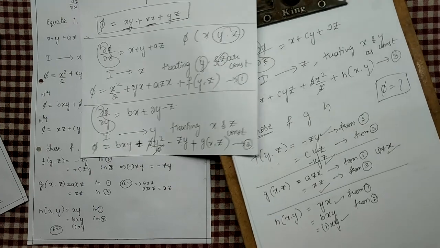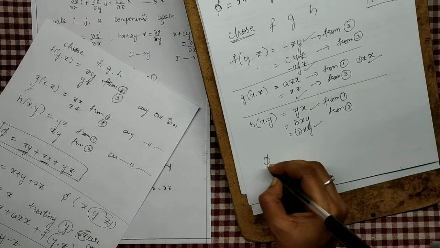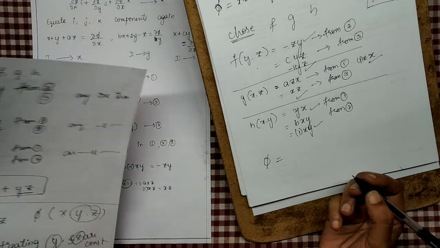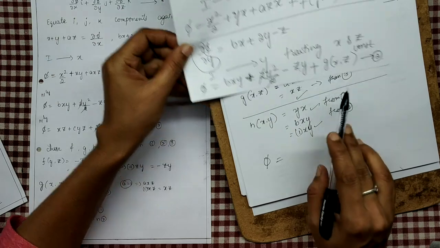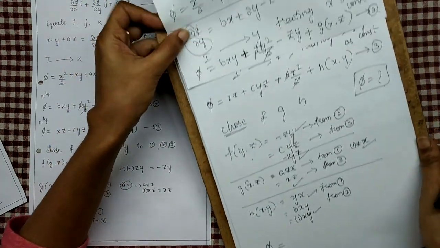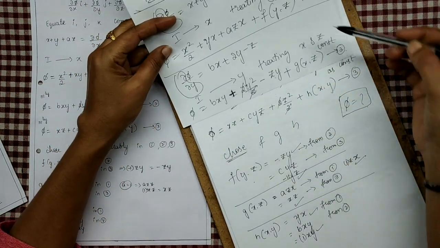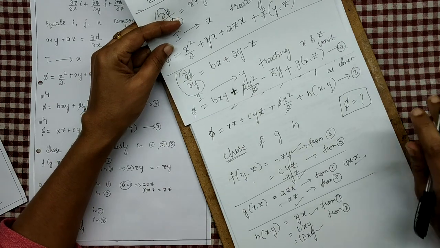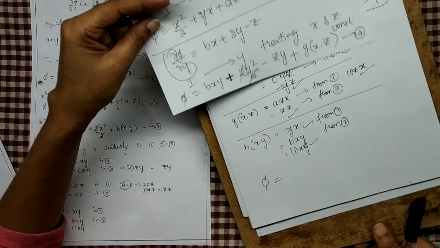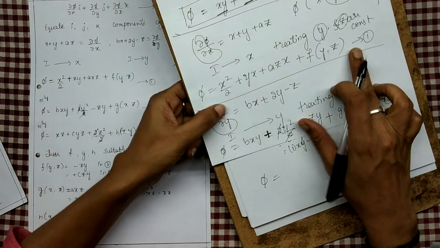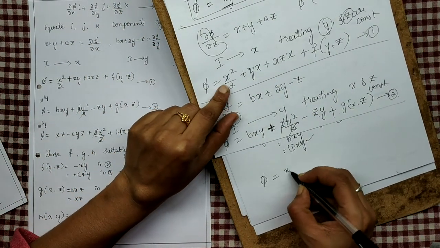Now let us construct the scalar function phi, which is unique. From these three equations, let us choose the terms. If it is different I will write it, if it is the same I can leave it. In the first equation, phi is equal to x square by 2, see, it is different.